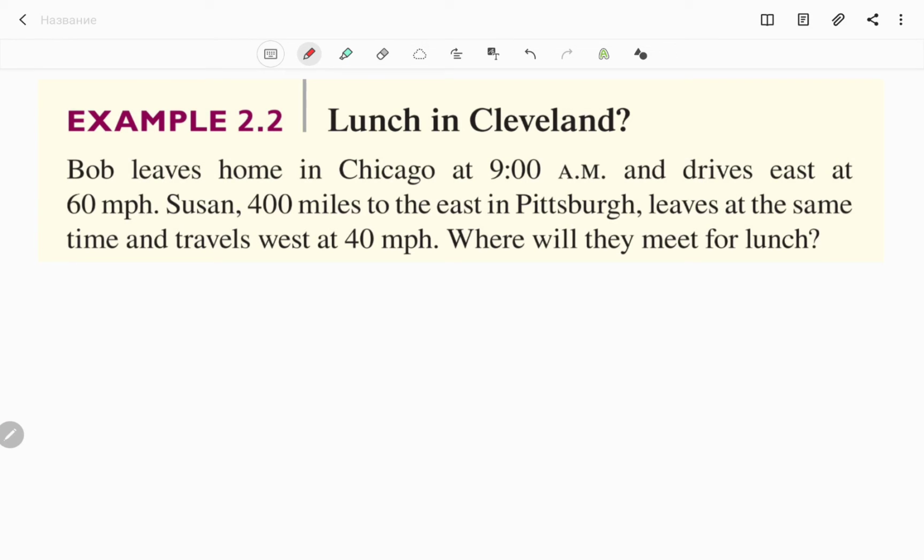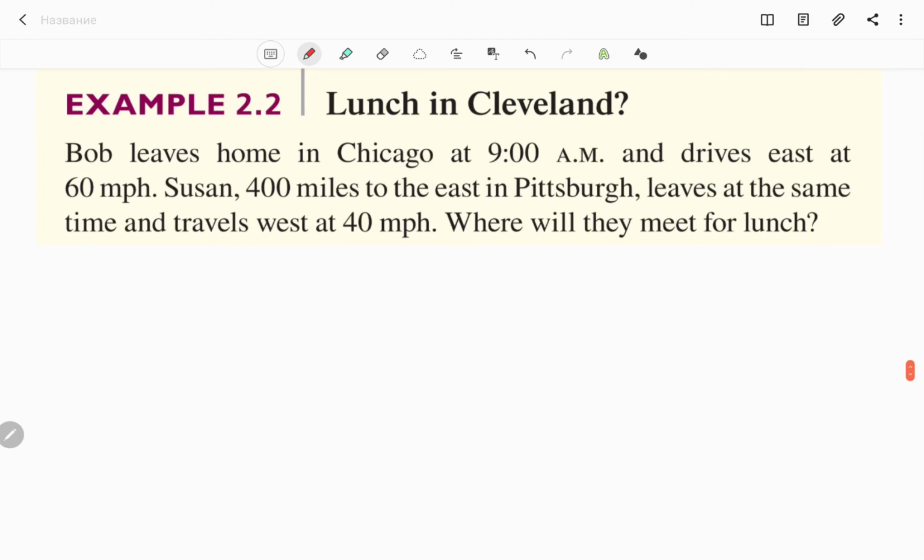Susan, 400 miles to the east in Pittsburgh, leaves at the same time and travels west at 40 miles per hour. Where will they meet for lunch? So let's try to draw the diagram, yes, because it will make our solution easy. So first, this point is Chicago. 400 miles to the east in Pittsburgh. So let's say this is Pittsburgh.